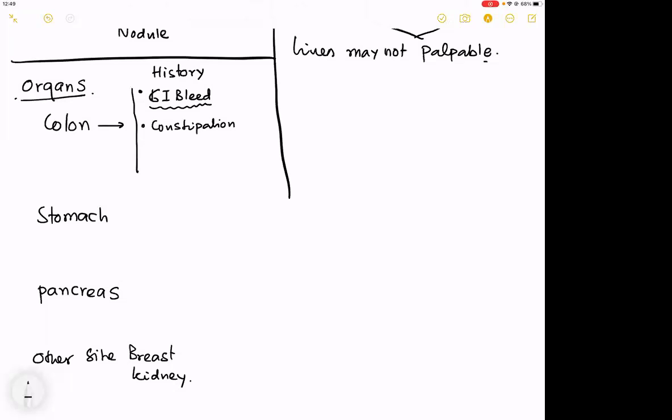If it is arising from the rectum, maybe bloody diarrhea. And finally, you can palpate an abdominal lump in addition to the liver. We are going to talk to that very quickly. Have you completed, sir?